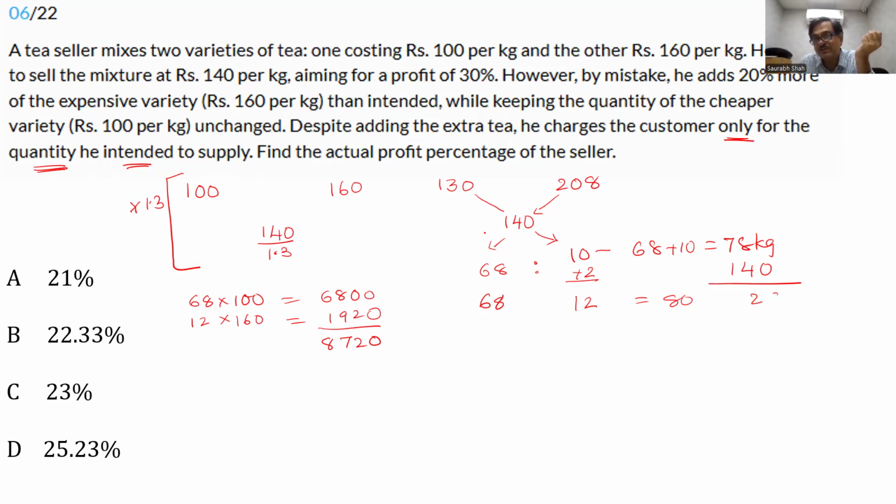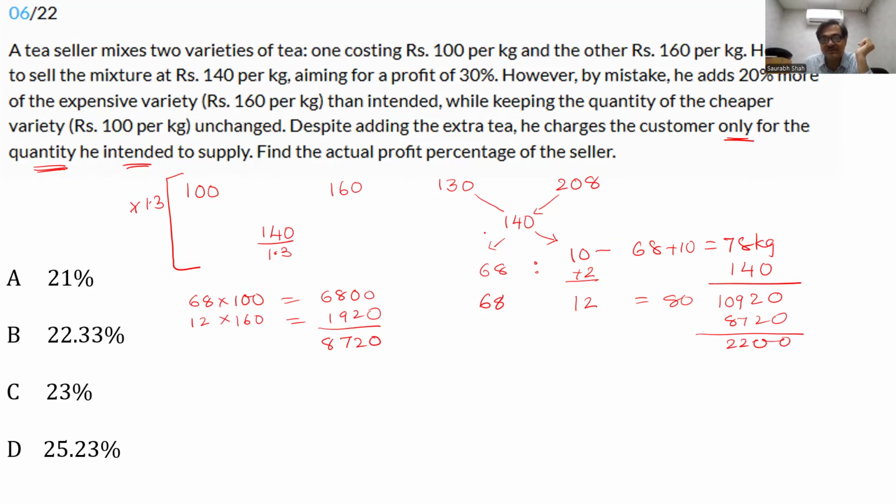And we'll put a 0 for the 0. 14 into 8, 112. 2 carry 11. 14 into 7, 98. 98 plus 11, 109. From this, subtract the cost of 8,720. That gives you 2,200 rupees profit.